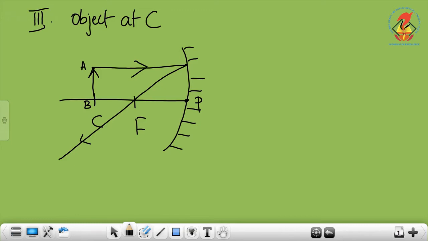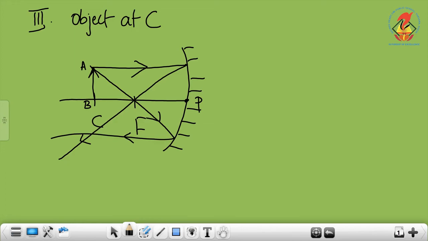Then we will use the reverse of this rule, meaning a ray of light passing through the principal focus, after reflection, will be parallel to the principal axis.